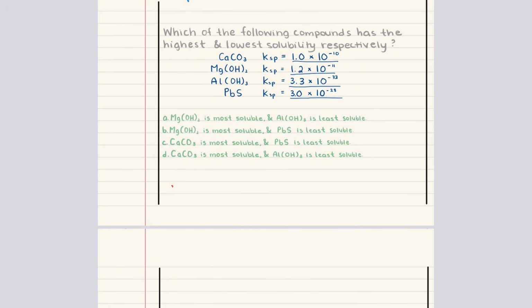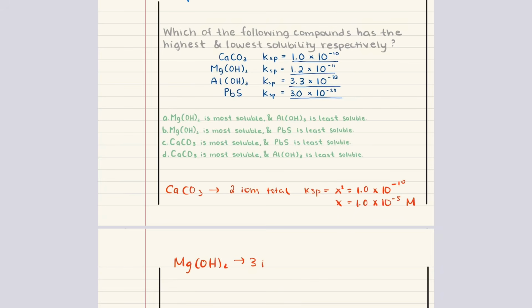So for calcium carbonate, it dissociates to calcium and carbonate in a 1-to-1 ratio. So KSP equals x squared. That means x is the square root of 1 times 10 to the negative 10, which is 1 times 10 to the negative 5 molar. For magnesium hydroxide, the ratio is 1 magnesium to 2 hydroxides.